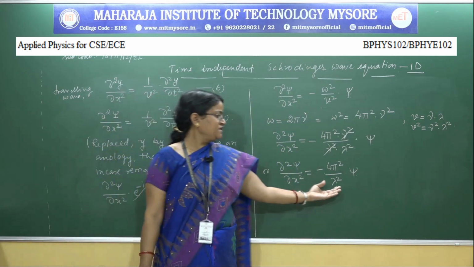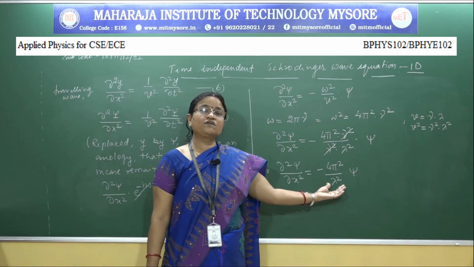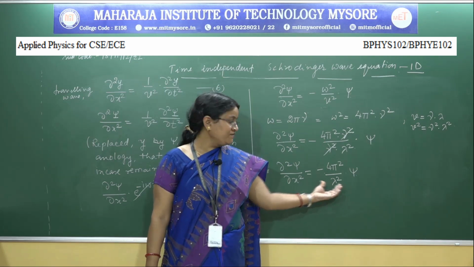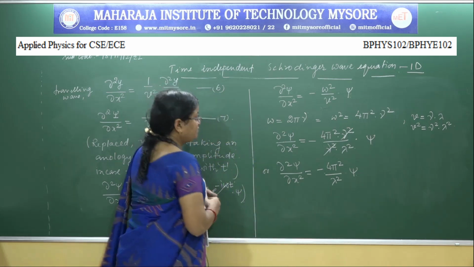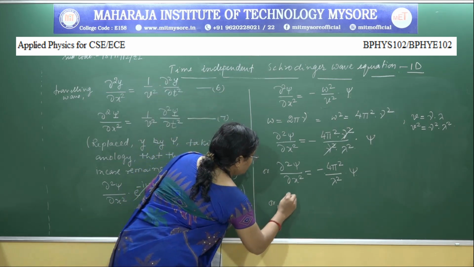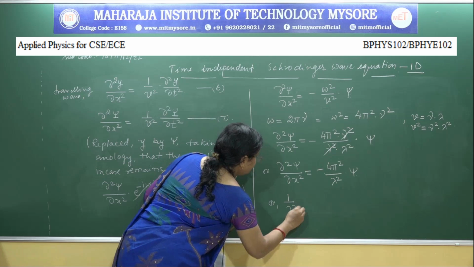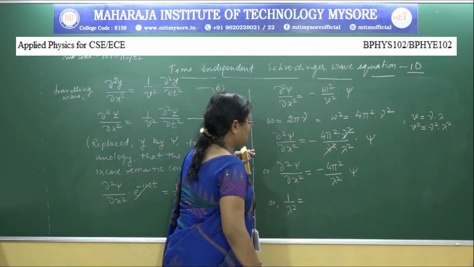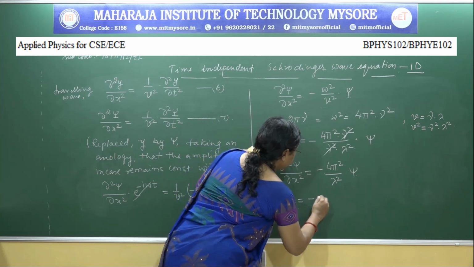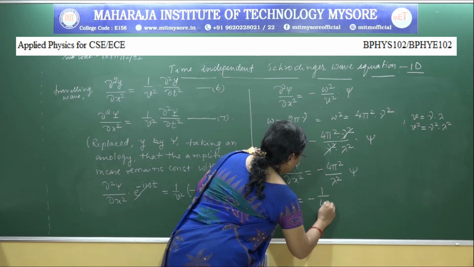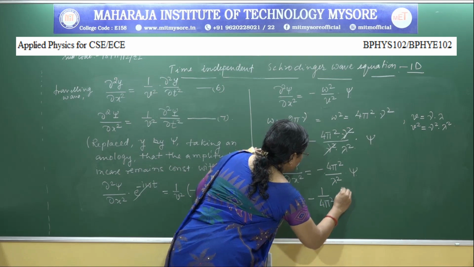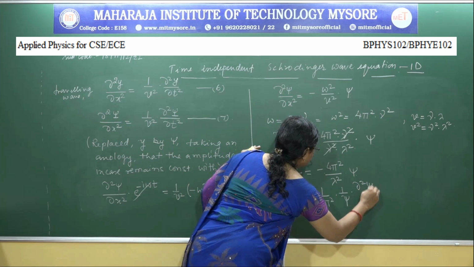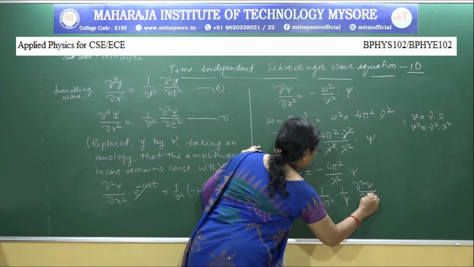What is our objective here? It is to find out what will be the equation in terms of wavelength. So we will simplify the equation further and we get 1 by lambda square will be equal to minus 1 by 4 pi square 1 by psi dou square psi by dou x square.